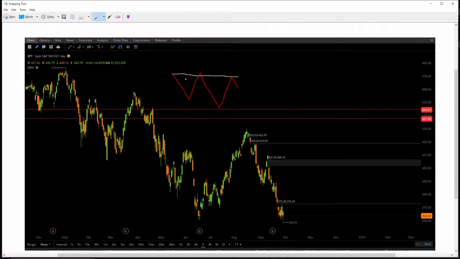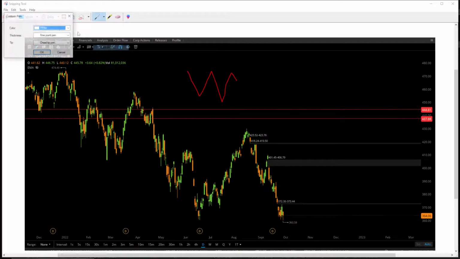Let me be more specific. You have a W kind of like this, and then this pullback here is the decision. If the market wants to go up, it'll push up here, and if it wants to go down, it'll go down here.